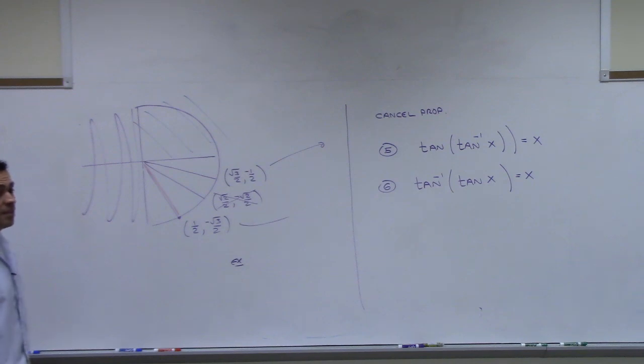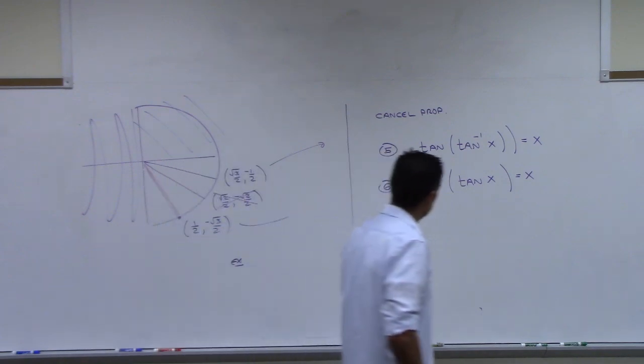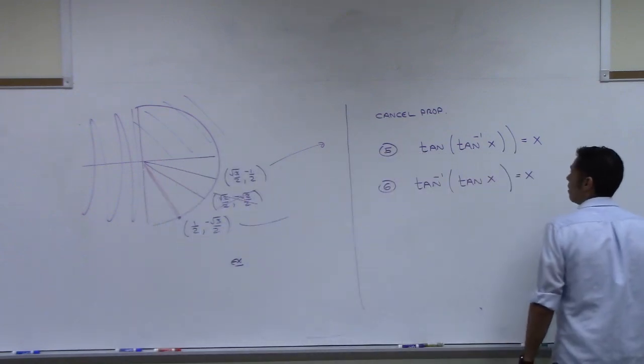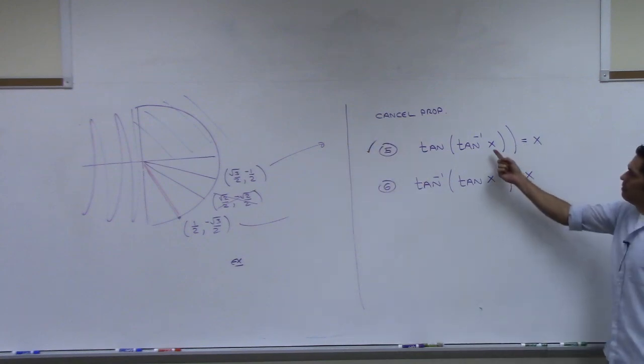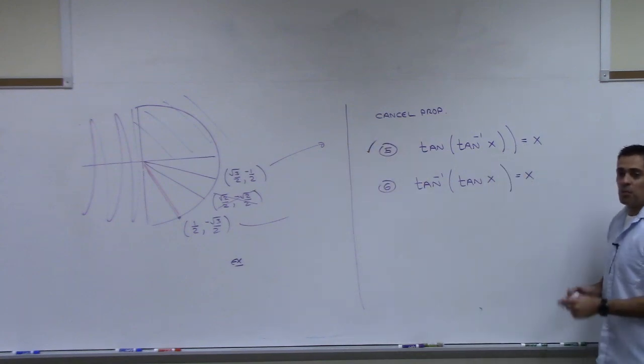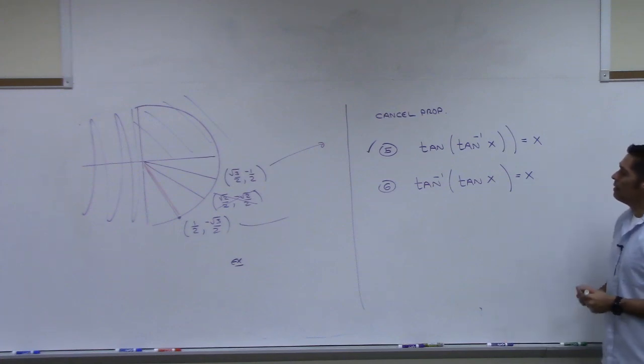Dangerous ones? Yeah, so let's see if any of these are dangerous. This one right here is okay. And it's actually the best one out of all 6 of the cancellation properties we have.